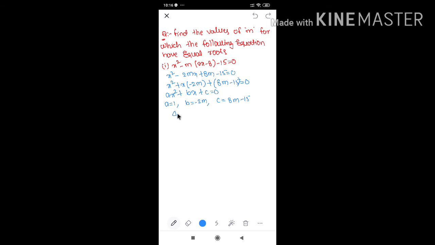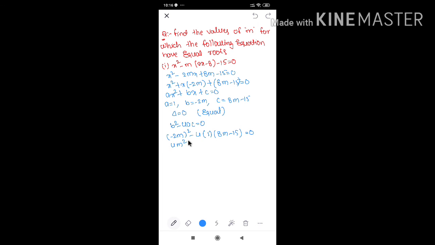So roots are equal, in the sense discriminant is 0, that is delta is equal to 0. So implies b square minus 4ac is equal to 0. b value is minus 2m whole square minus 4 times of a value 1, c value 8m minus 15 is equal to 0.